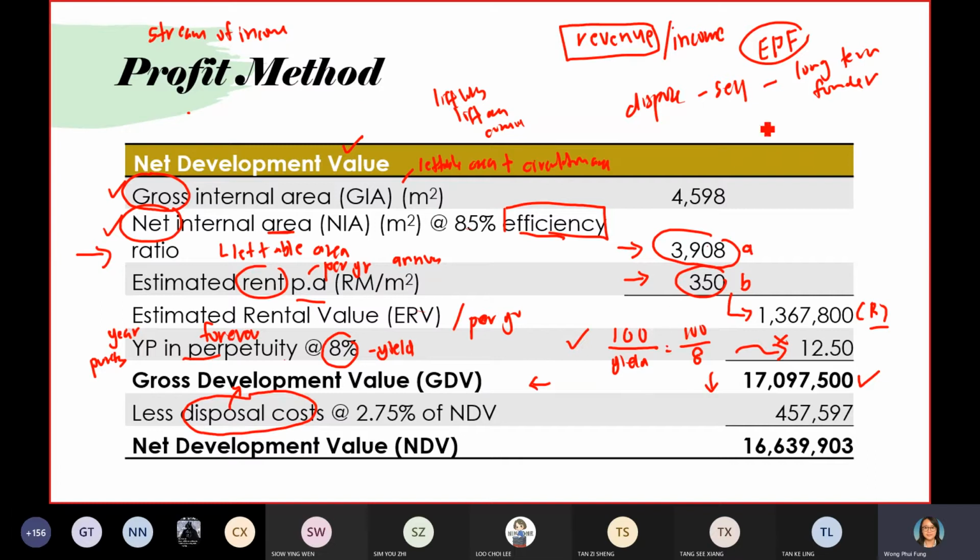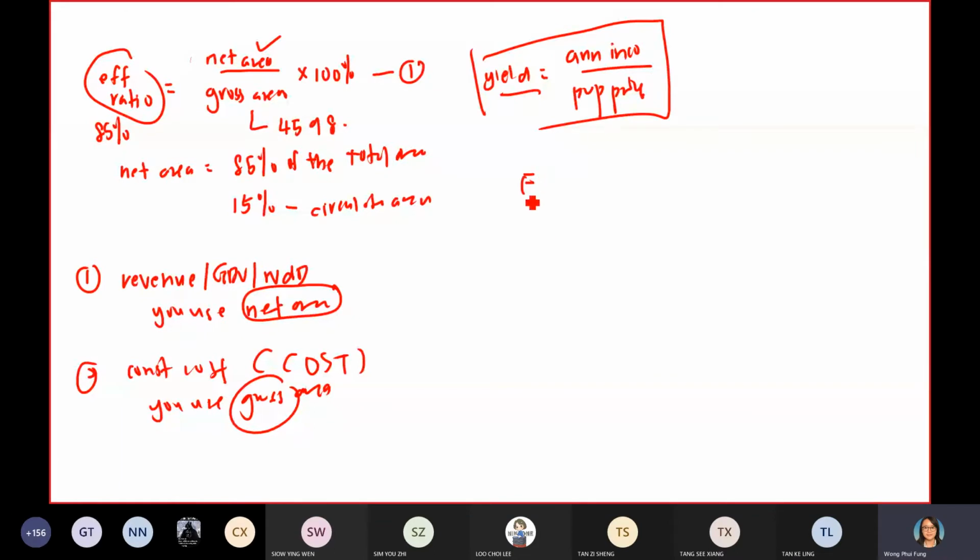So in that case, when EPF wants to take over the whole development, EPF needs to pay disposal cost, or another term we also call purchaser cost. The two terms are the same. EPF would have to pay if they want to buy over the whole Sunway Pyramid.